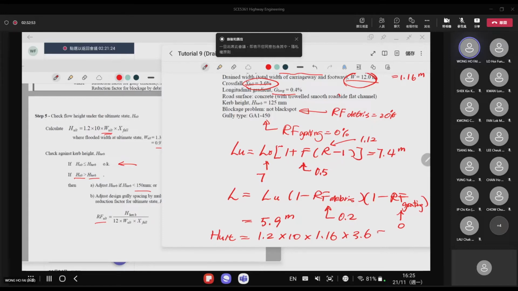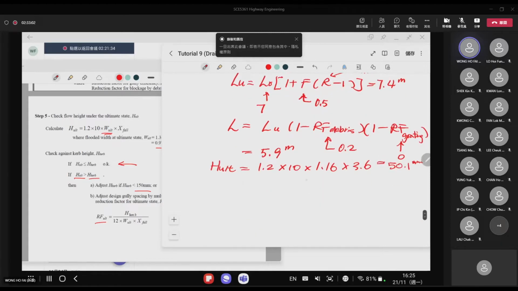Then actually you will have the value is equal to 50.1 mm, right? So actually it is again more than 125 mm. It's more than your cut height. Do you agree? So, well, it is okay for your design space, right?